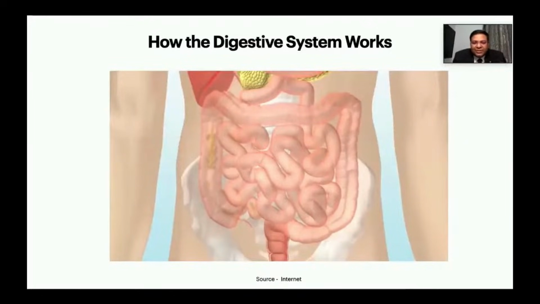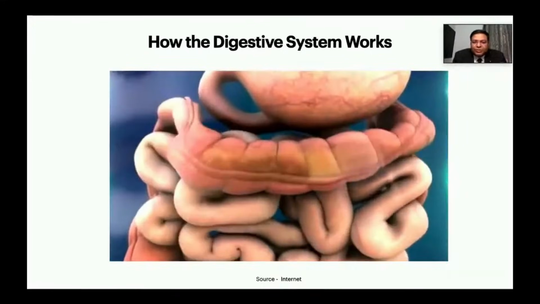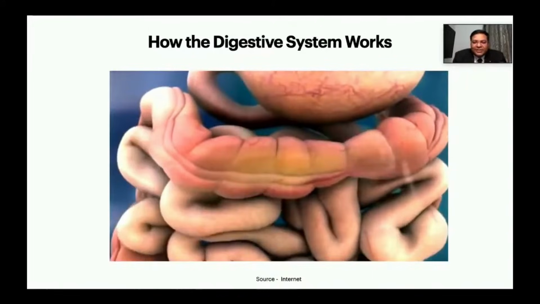Finally, once all the important things are absorbed, the small bowel pushes the content into the colon. The primary role of the colon is absorption of water and electrolytes. So whatever material is pushed inside the colon, it absorbs the water and electrolytes from it.